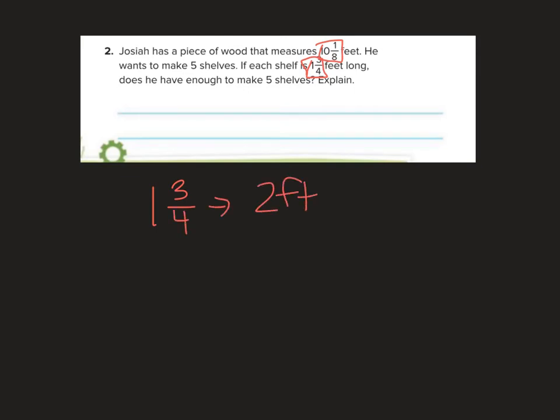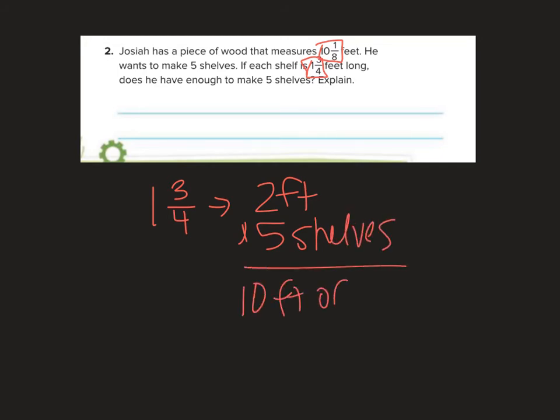He wants to make 5 shelves, so if I multiply 2 feet per shelf times 5 shelves, he needs 10 feet of wood. So does he have enough? Yeah, because he's got 10 1/8 feet. And I even rounded up. So yes, he does.